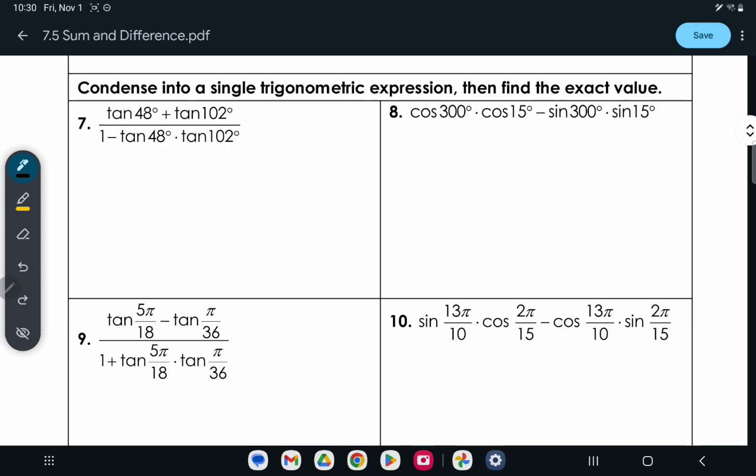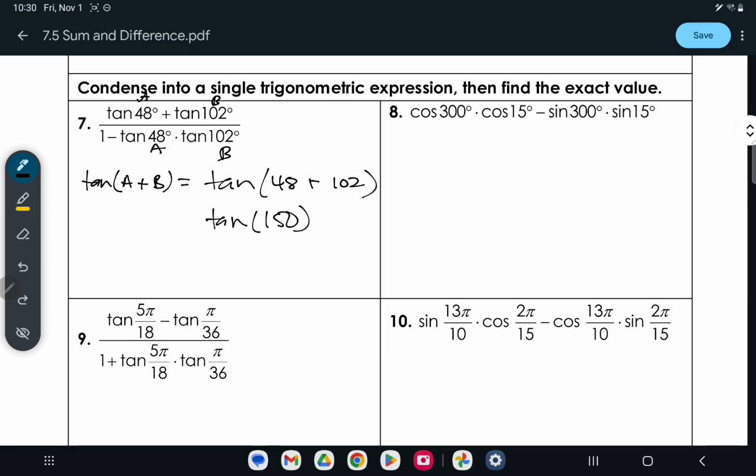So tangent, if this were tangent A plus tangent B over 1 minus tangent A times tangent B, it's going to give the sum. So tangent of A plus B, well, A is 48, 102 is B. So I can add them. 48 plus 102 is 150, and that's an angle on the unit circle.